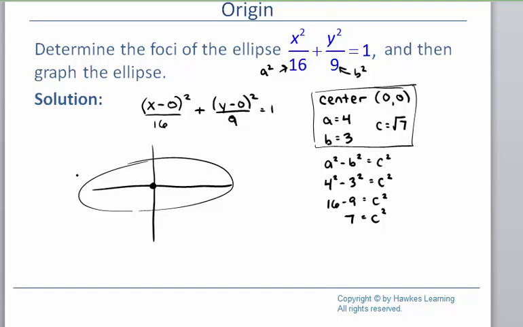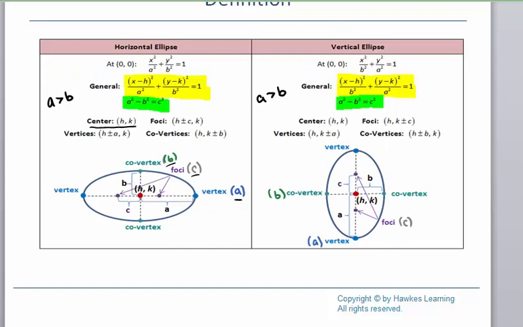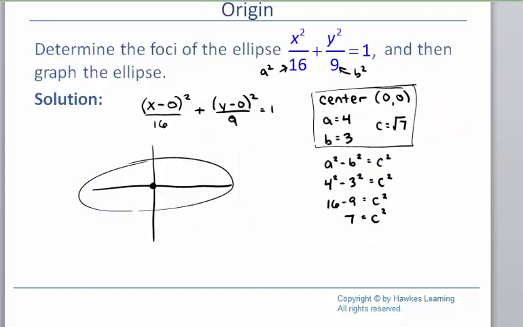Okay, now let's make it a little bit better. All right, so we know that the a value determines the vertex points. So what I'm going to do is move 4 units over in both directions, since the a is 4, and this is going to be a vertex point.